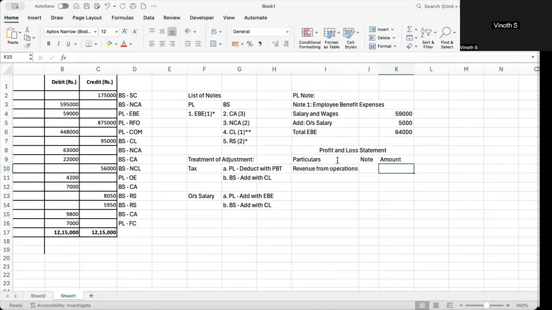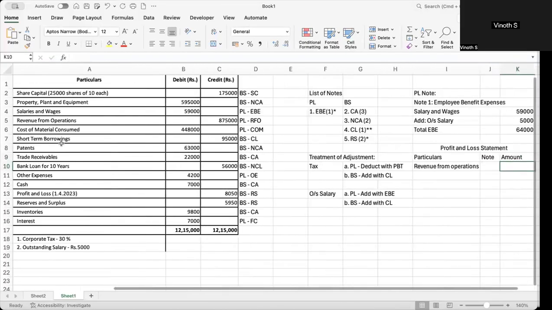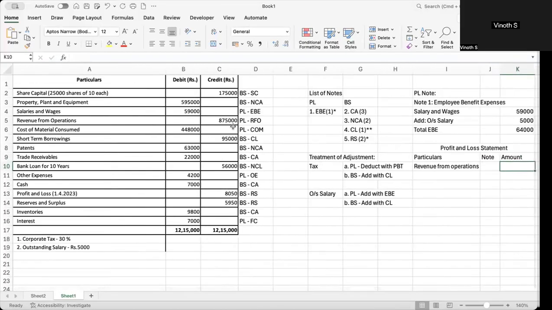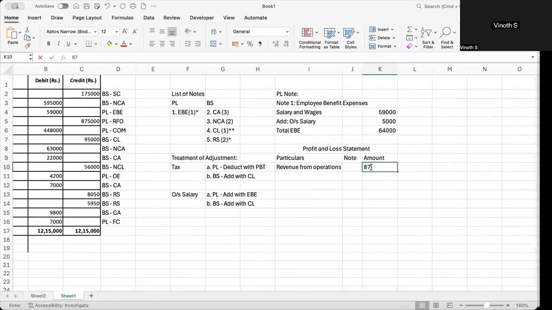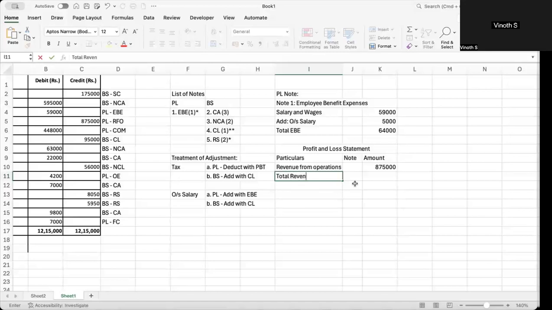That mostly will come from the sales income. How much is the sales income? Mostly the credit side is available: 8,75,000. In this question we don't have other income, so no need to add it. Therefore, total revenue is the same value, 8,75,000.